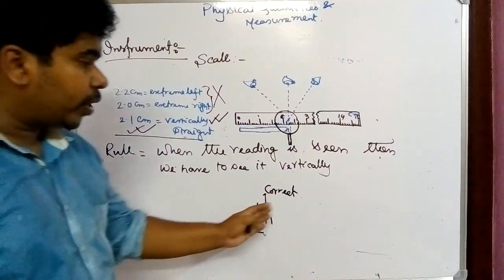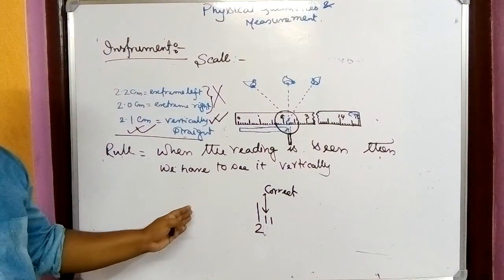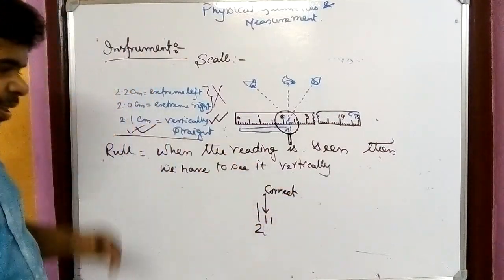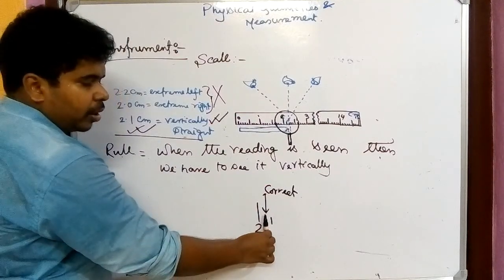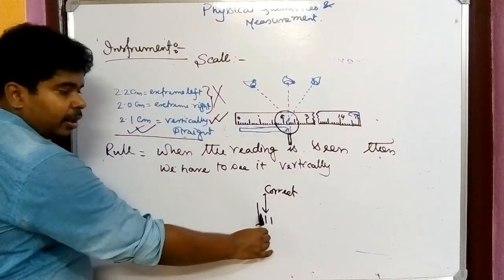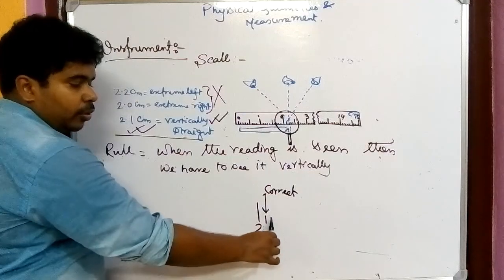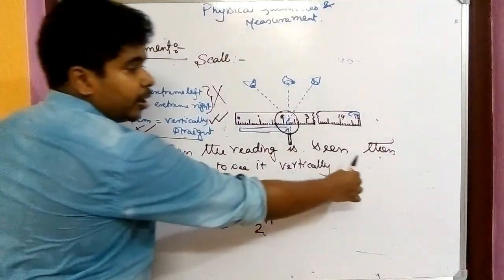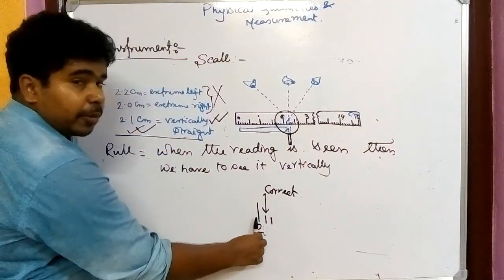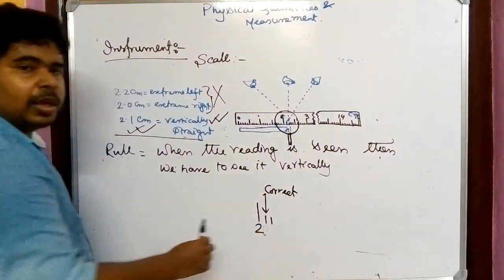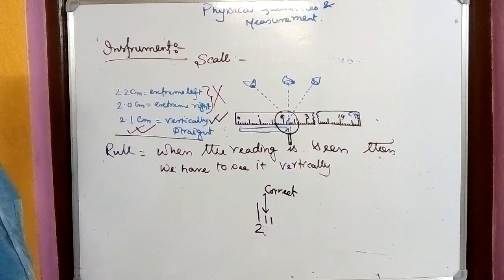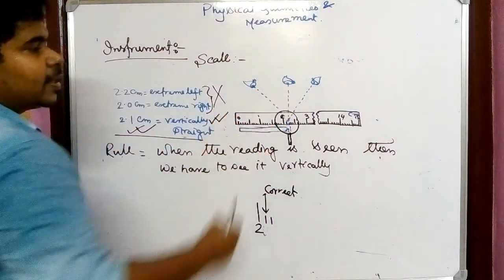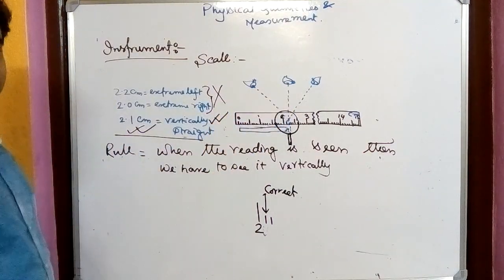But whenever we shift our eyes to either side, you see it is parallelly shifted. If it is 2.1, and I see from here, it is parallelly shifted to 2.2. If I see it from there, it is parallelly shifted to 2. So this parallel shift occurs if I make some angle to see it.